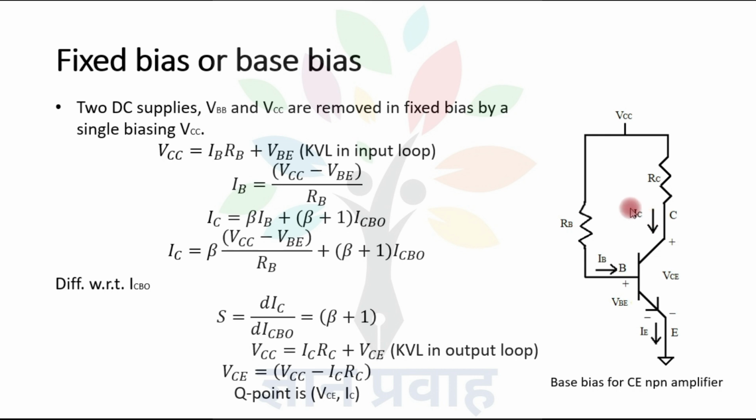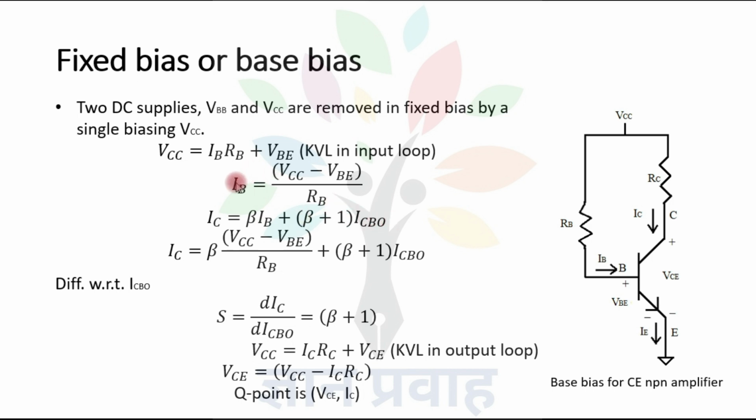By applying Kirchhoff's voltage law in the input loop, VCC equals IB RB plus VBE. From this equation, IB equals (VCC minus VBE) divided by RB. In the common emitter configuration, we know the expression for the output current, that is the collector current: IC equals beta IB plus (1 plus beta) ICBO.